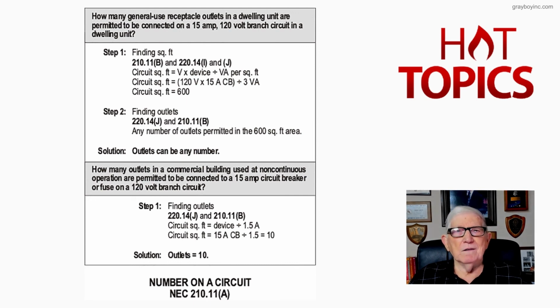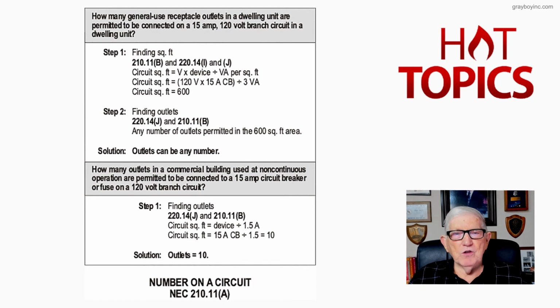We're going to allow maybe 10 outlets on a 20 amp circuit, or maybe even 13 on a 20 amp circuit, and we'll only allow 8 on a 15 amp circuit. So you have to check with the city to see if they have an ordinance regulating circuit loading, the number of outlets that you could put on a 15 amp circuit. But if not, then the step 2 rule here would be applicable.